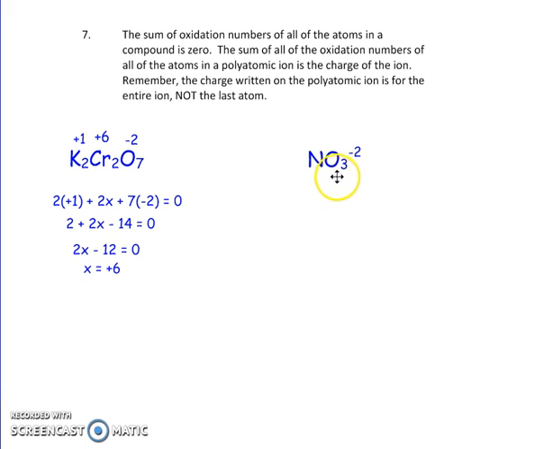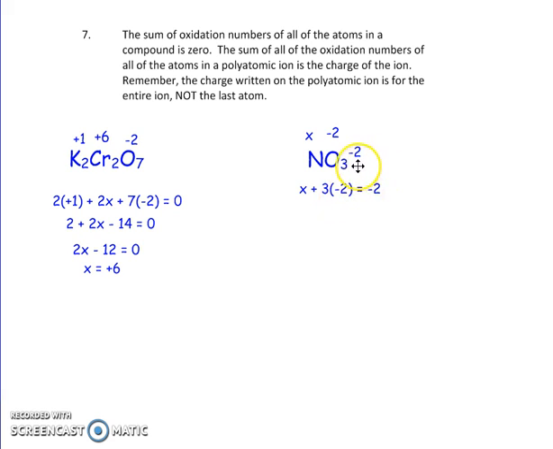Next we have NO3 2-, which is a polyatomic ion. So I know that oxygen has to have a -2 charge. I don't know what nitrogen is. If I write that out in algebraic form, I have nitrogen, X, plus 3 oxygens, each with a -2 charge.